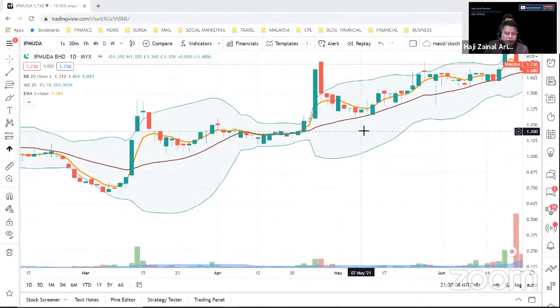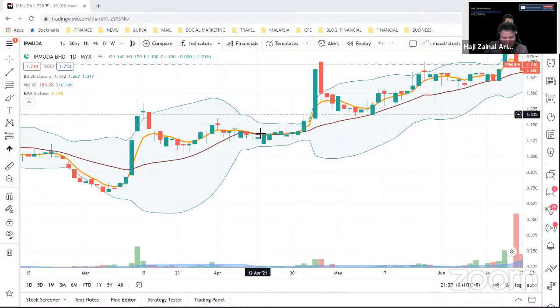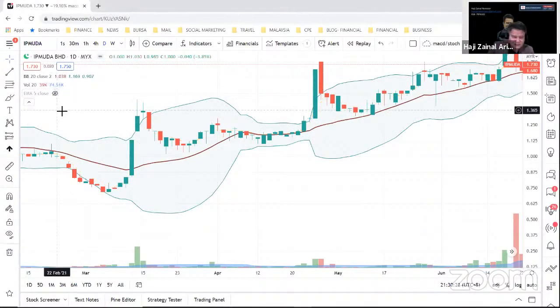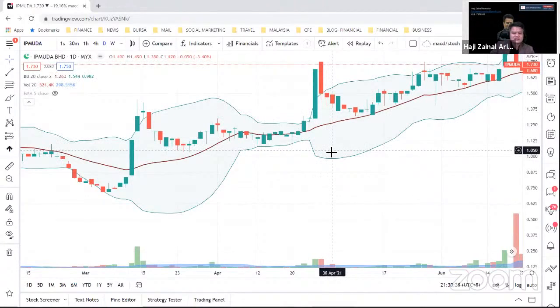So now, based on this chart, in April of 2021, let me hide the 5 days moving average first. Okay, this is purely the Bollinger Band alone. The first thing is that it is sideways.